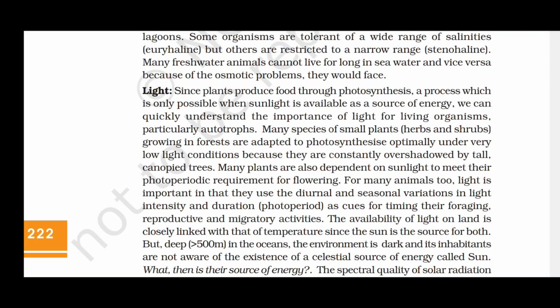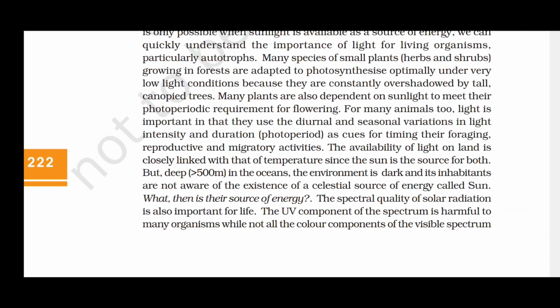The availability of light on land is closely linked with that of temperature since the sun is the source for both. But deep in the ocean, that is greater than 500 meters, the environment is dark and its inhabitants are not aware of the existence of a celestial source of energy called the sun. What then is their source of energy?